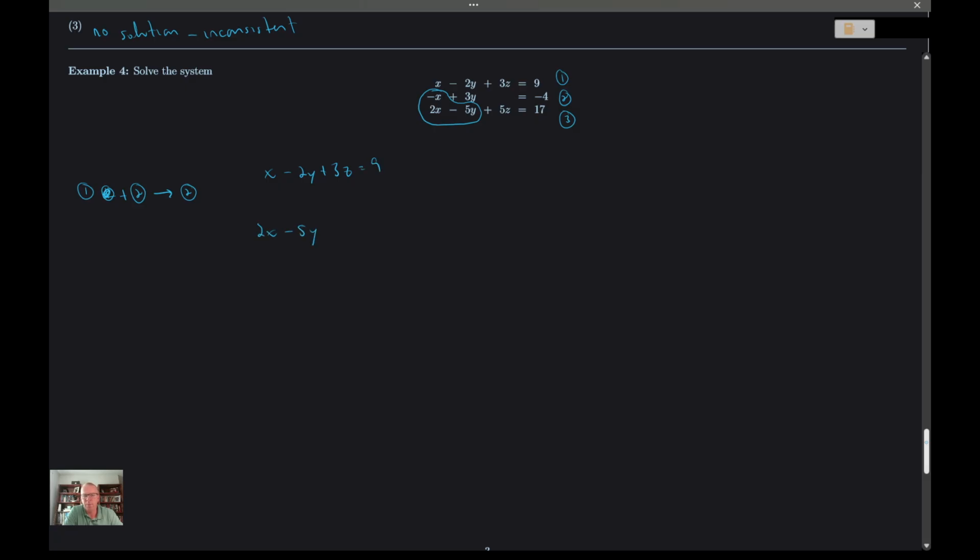We're not going to change them. Now if we add 1 and 2, x minus x goes away. Negative 2y plus 3y leaves y. 3z plus 0 leaves 3z. And then 9 minus 4 leaves 5.